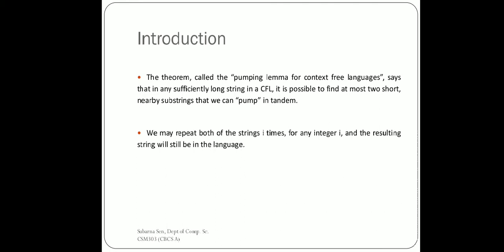So here, the pumping lemma for context-free languages says that in any sufficiently long string in a CFL it is possible to find at most two short nearby substrings that we can pump in tandem. What it means, if you remember the case of regular language, we just divided the total string given to us into three parts, right?